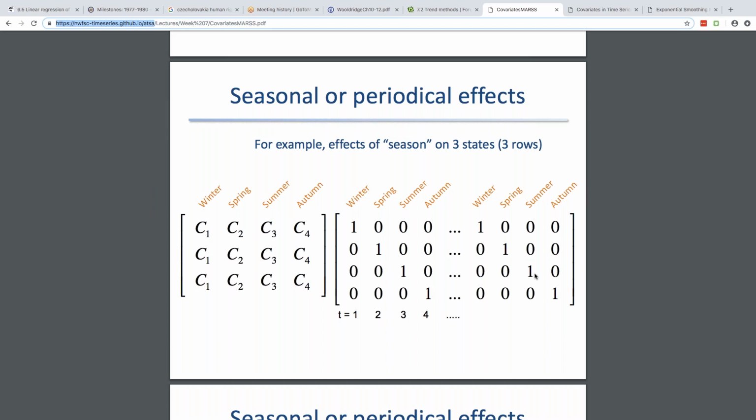A factor would be like in a linear regression, red, blue, white, male, female, those are factors. And you can include season also as a factor. And when you do that, you create a covariate that is either a 1 or a 0.